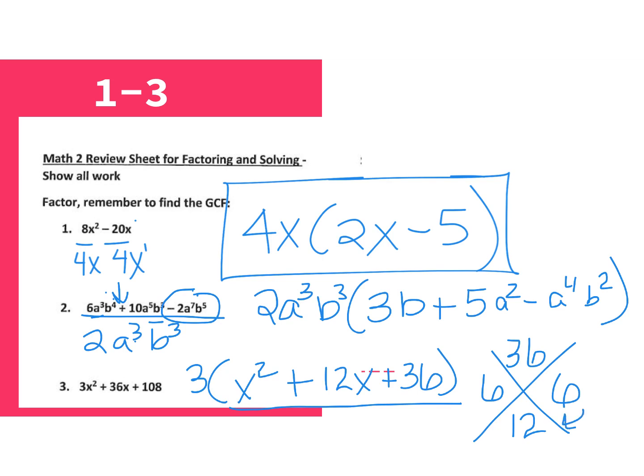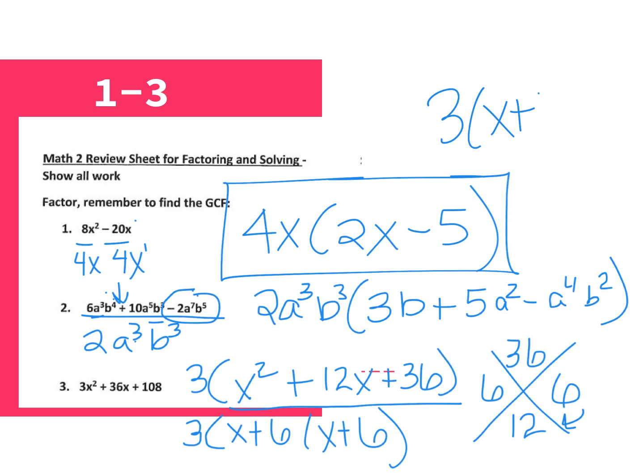So remember, if I pulled out the original GCF of 3, it's part of my answer. So the final answer would be 3 times x plus 6, x plus 6. That's one way you might see it. You also might see it as 3 times x plus 6 squared. Both of those are acceptable answers.